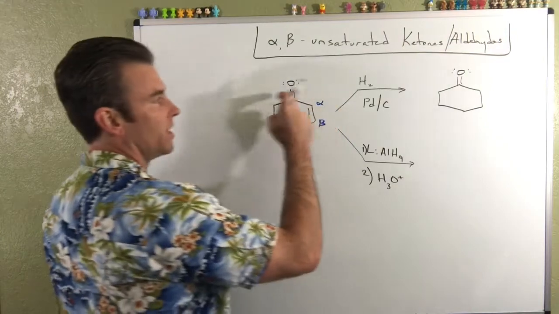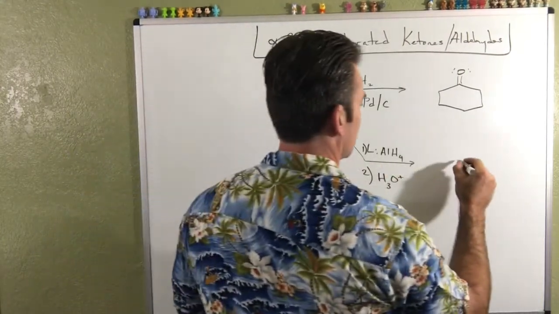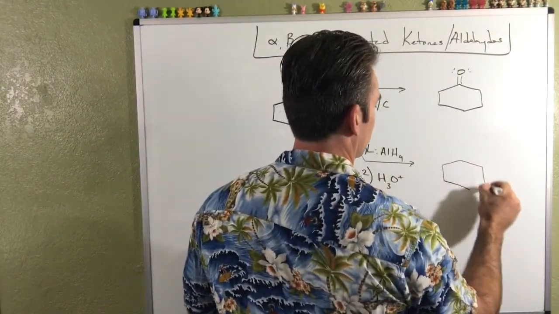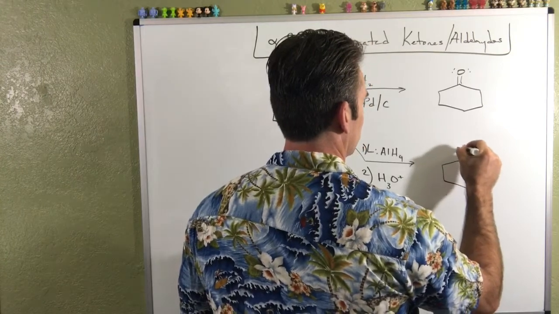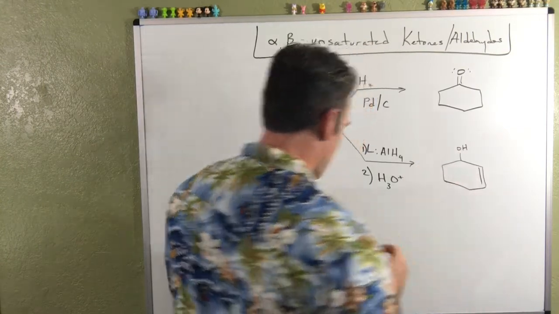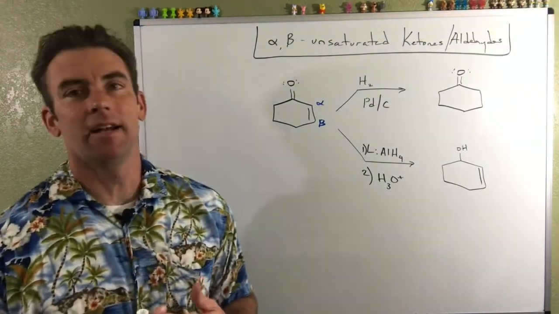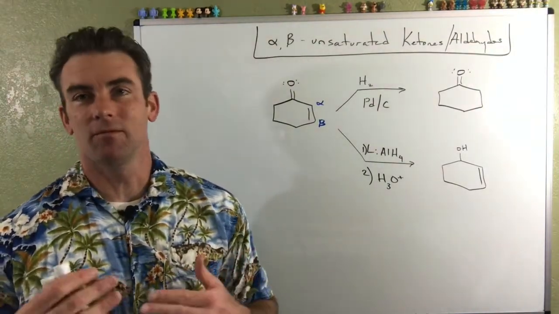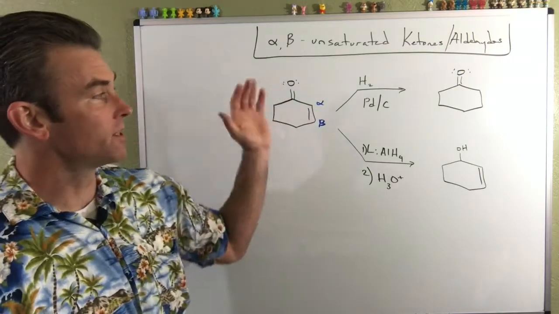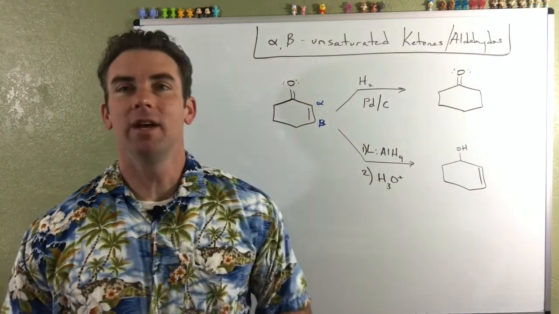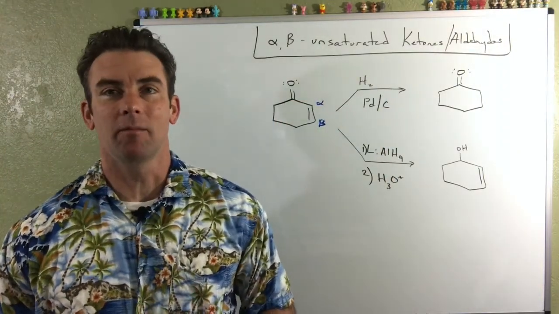It turns out that we can selectively reduce this to the alcohol and leave that double bond alone. So it turns out that there's all kinds of really useful syntheses that can involve these types of reductions. And of course, six-membered rings are a really important moiety in all kinds of synthetic problems.